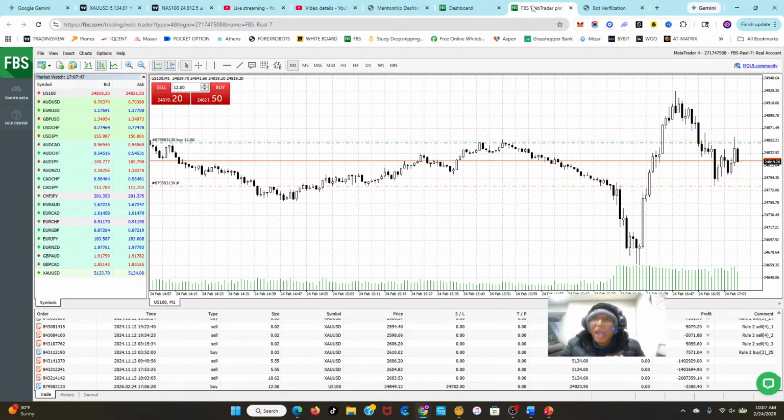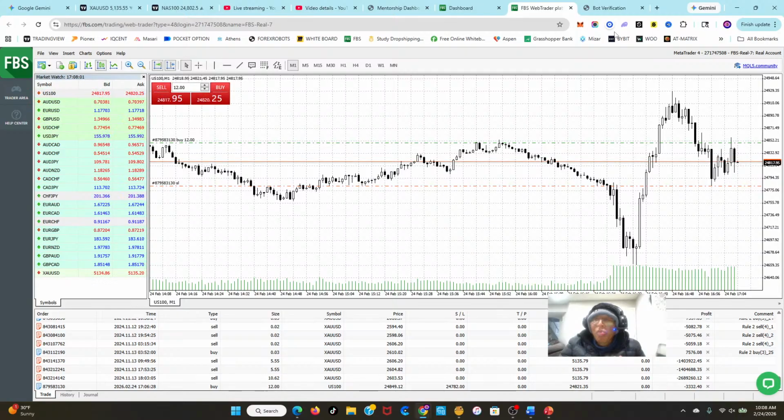Okay, it's coming down big time. It is coming down really fast, really hard. However, as you can see here, there is a tendency to go up.